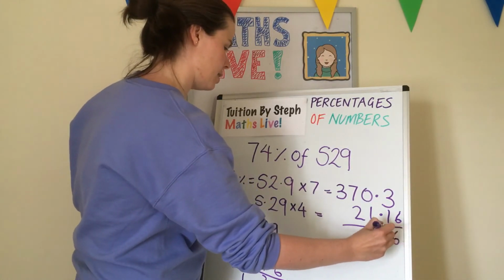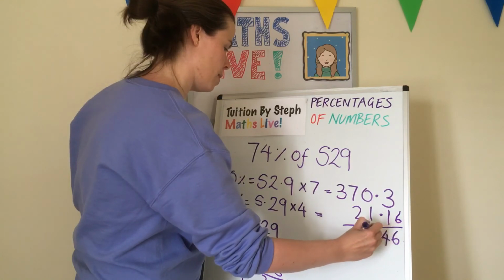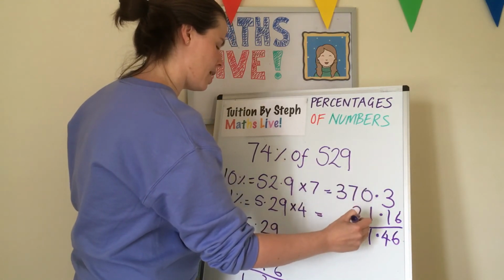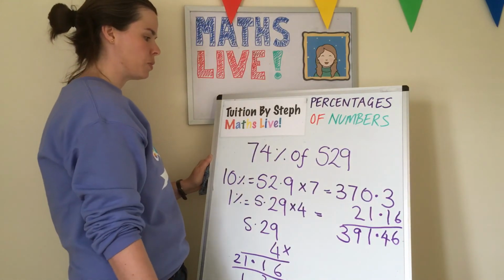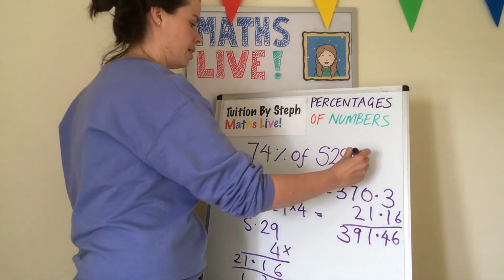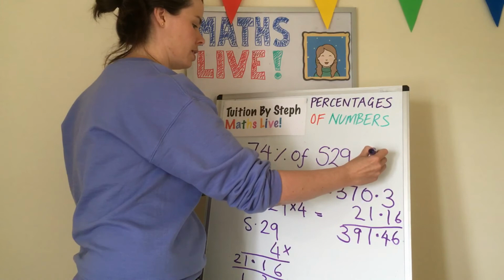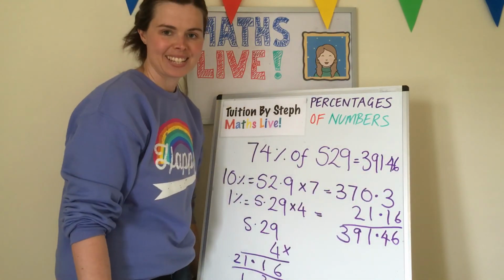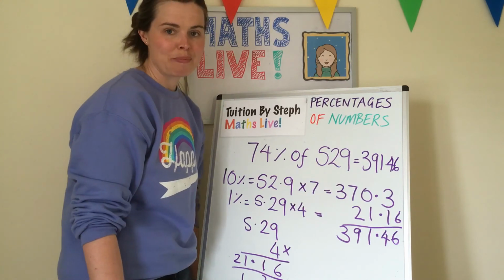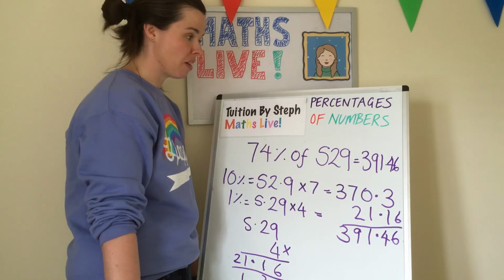So 370.3 plus 21.16 is 391.46. So 74% of 529 is 391.46. Well done for taking part and really giving that a go, especially if you've never seen that before.